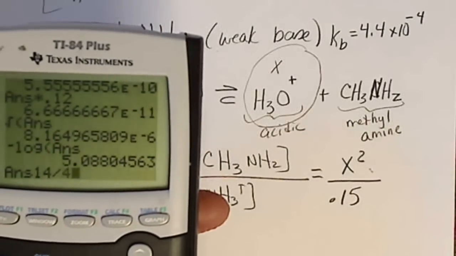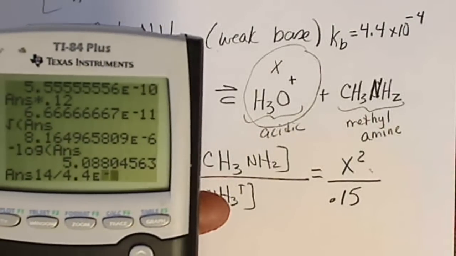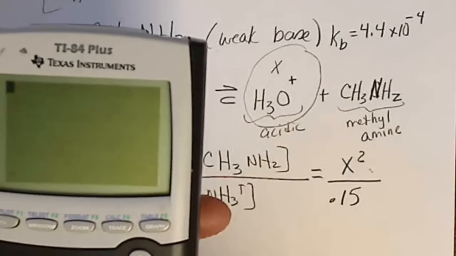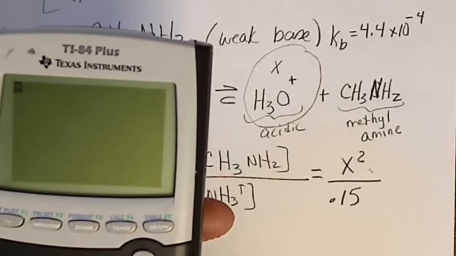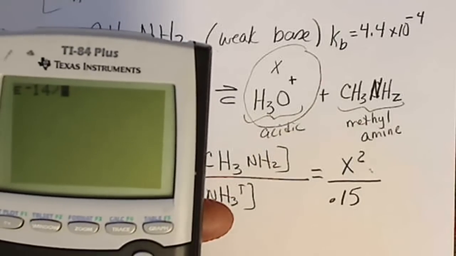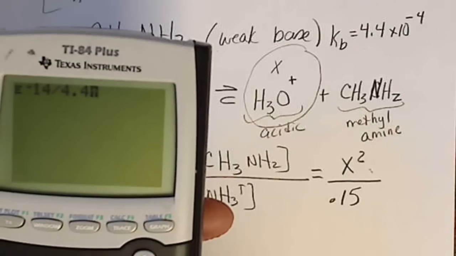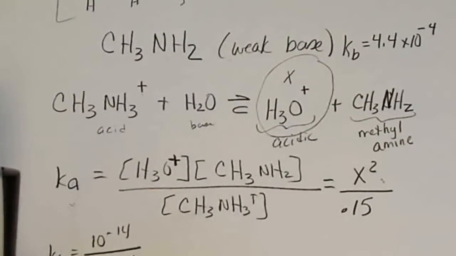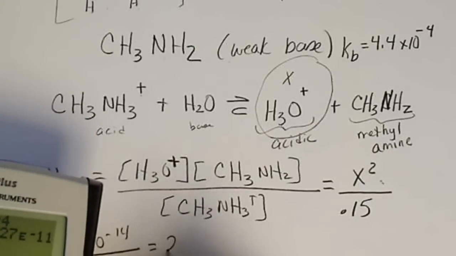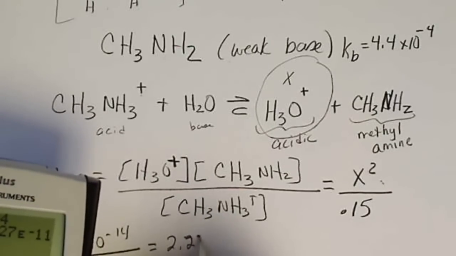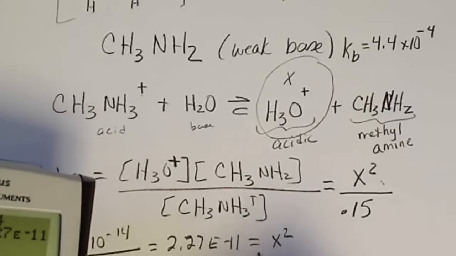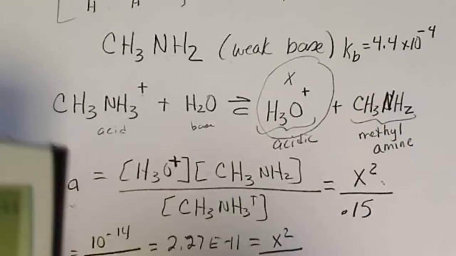Oops, before all that, negative 14 divided by 4.4, negative 4. So my Ka value is relatively small: 0.27 times 10 to the minus 11th. This equals x squared over the initial concentration.